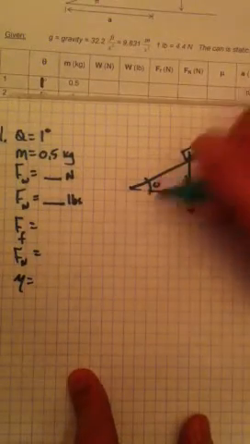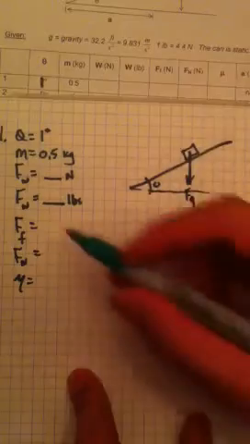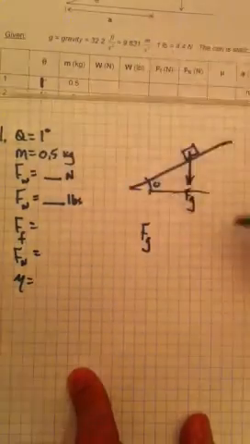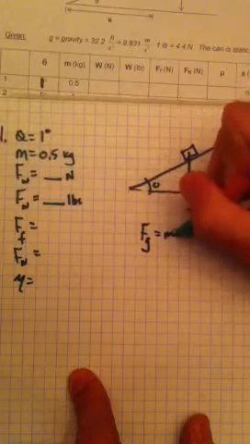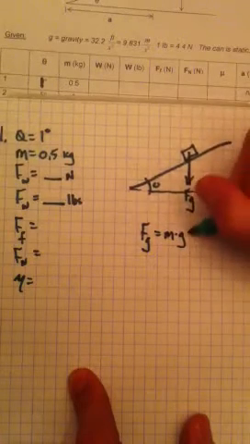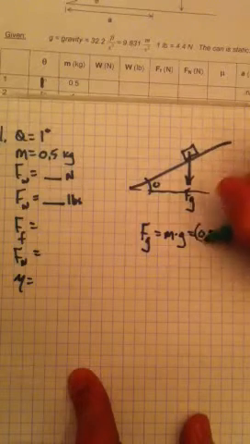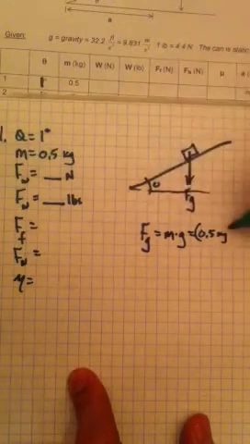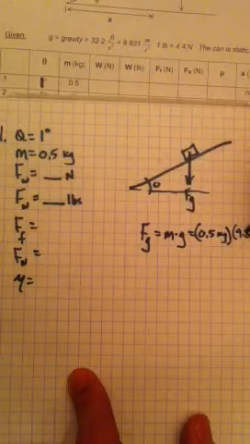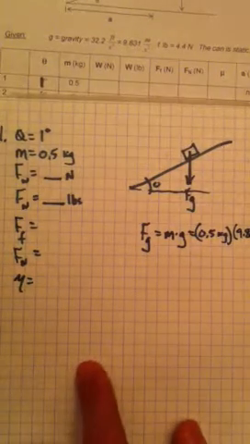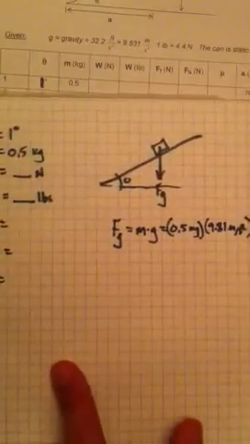Since it's the first thing that's asked for, force of gravity, which is the same thing as the force of weight, we all know that's mass times acceleration due to gravity: 0.5 kilograms from my given information, times 9.81 meters per second squared, acceleration due to gravity on Earth.